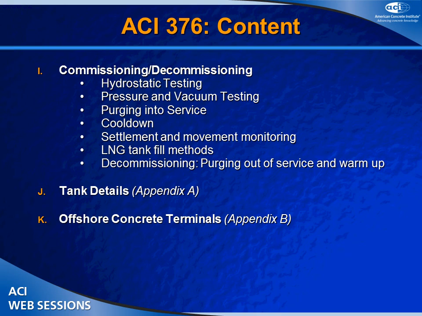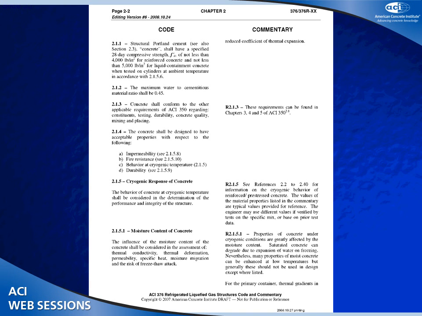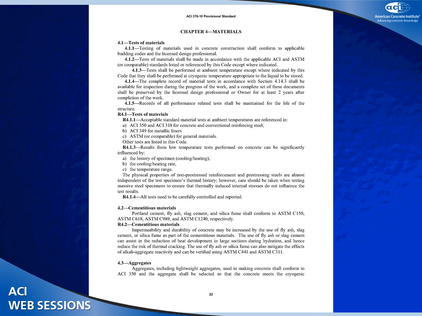And then fatigue performance. It's a code and commentary, so we're thinking that ultimately it may look like this, which is the code. For those who use 318 or 350, you've got the code on one side and commentary on the other, and they're lined up. If you go into the provisional, it's all there, but you'll see here's a code provision, and then there's the R as the commentary.